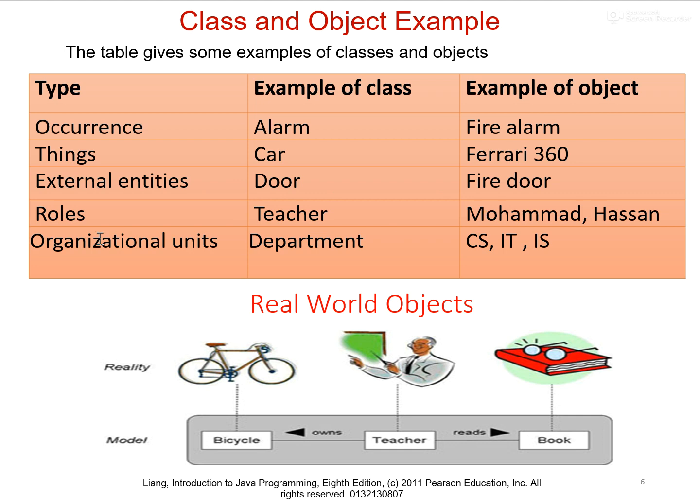You can also represent organizational units: you could have a department class, and example objects would be the CS department, the IT department, the IS department that we have here at FCIT.